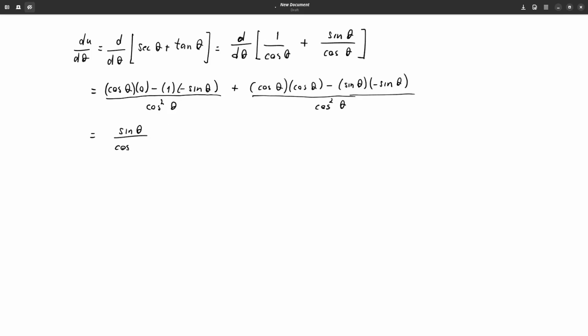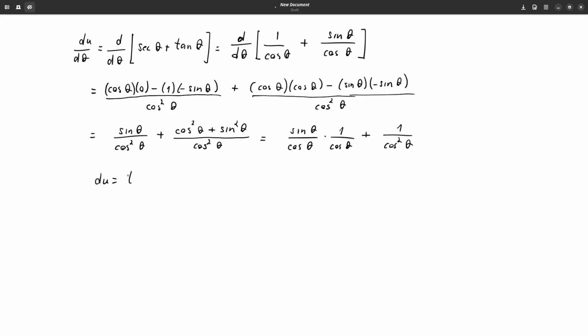Here we just rewrite everything. Let's factor out a cosine theta from the denominator of the first term. For the second term, notice that we can use the same trigonometric identity as before, so its numerator becomes 1. So now we have the value of du.